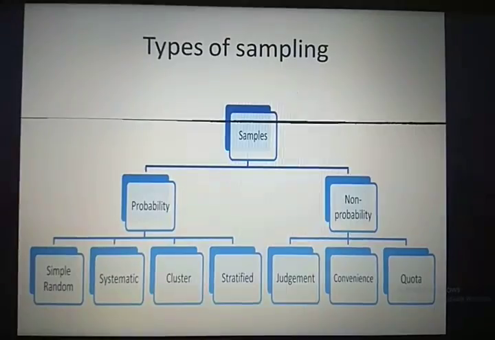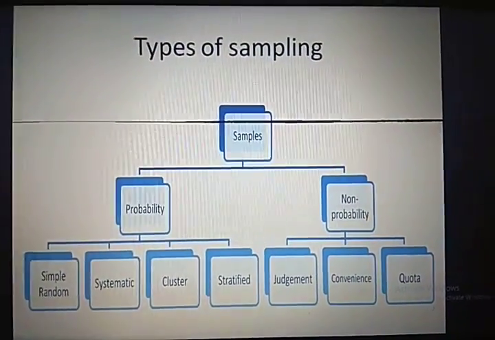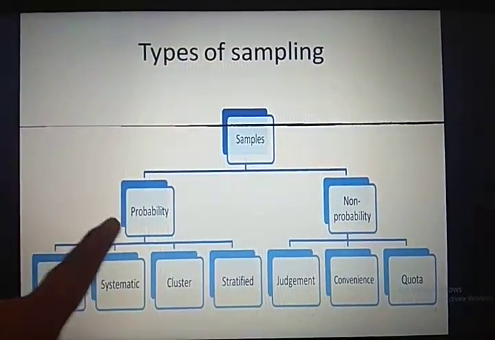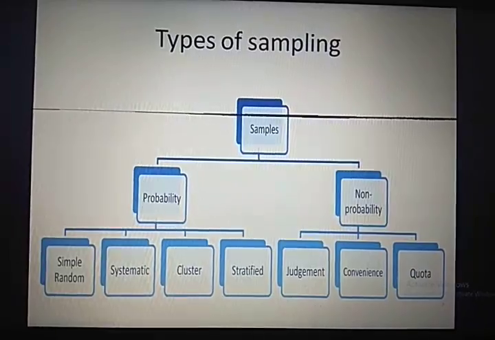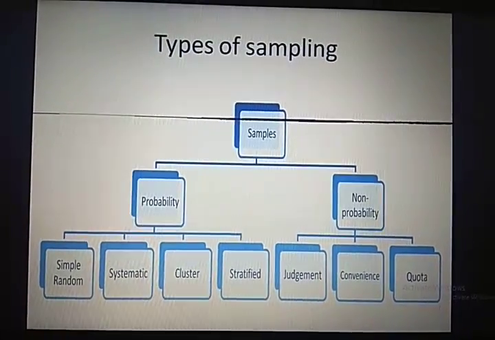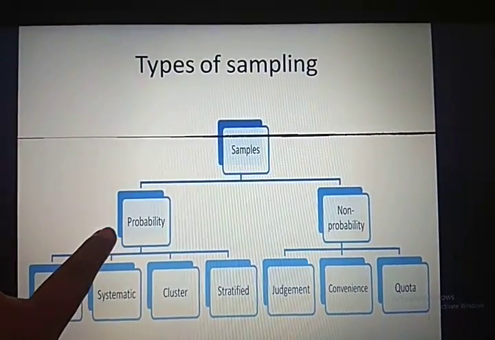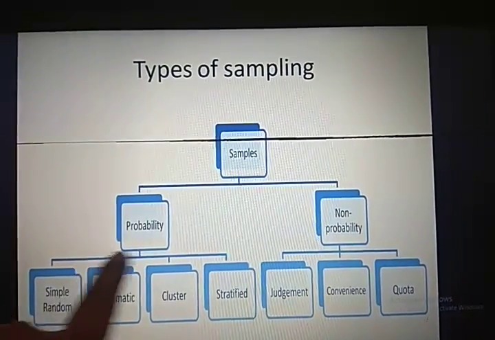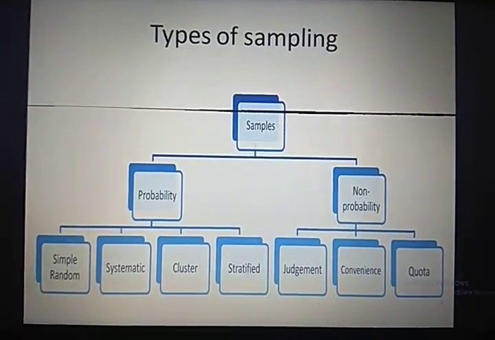Now we talk about the various types of sampling technique. The samples can be collected by two different methods. One is probability, the other is non-probability. Now in general parlance, or according to your books also, probability sampling is also known as random sampling, and non-probability sampling is also known as non-random sampling.